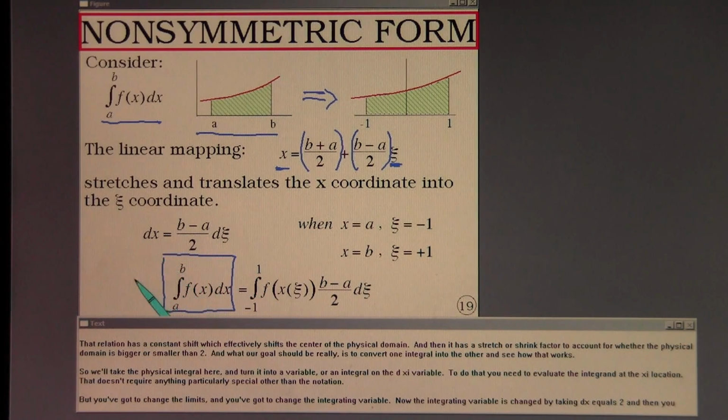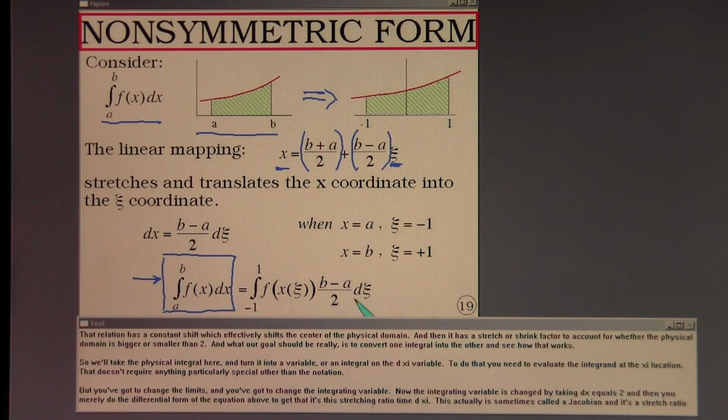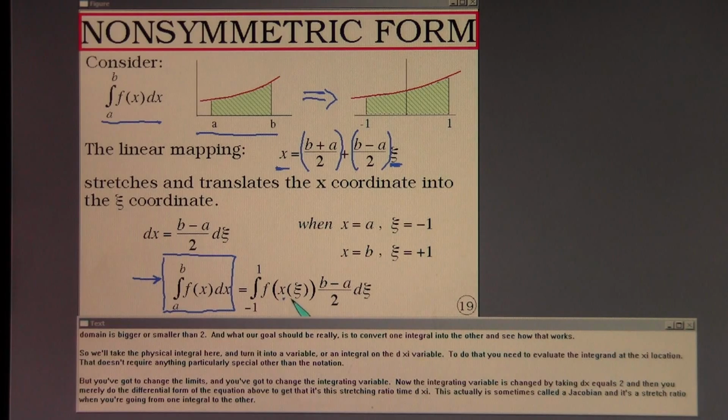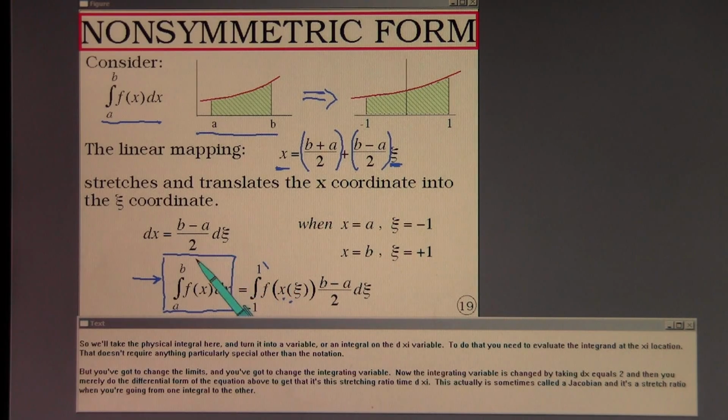So we'll take the physical integral here and turn it into an integral on the dc variable. To do that, you need to evaluate the integrand at the c location. That doesn't require anything particularly special other than the notation. But you've got to change the limits, and you've got to change the integrating variable.